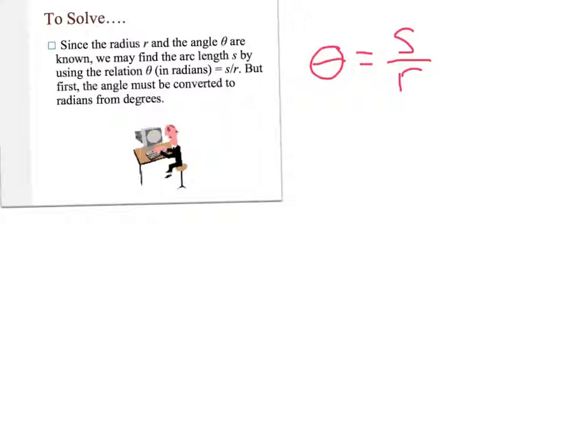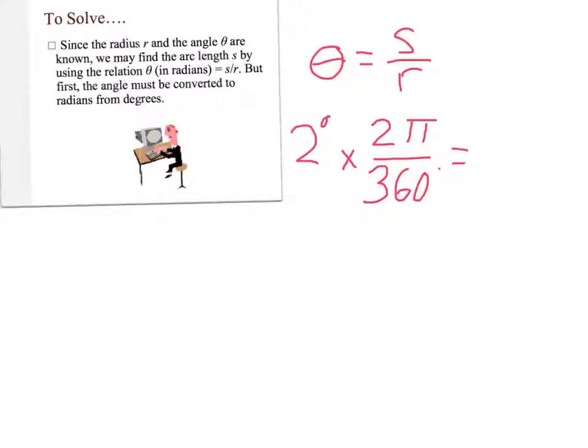We have it in degrees, so we simply need to convert 2 degrees into radians. We multiply by our conversion factor. If there are 2 pi radians in 360 degrees, we want to put the 360 degrees on the bottom so that the degrees cancel out, and then our answer is going to be in radians.